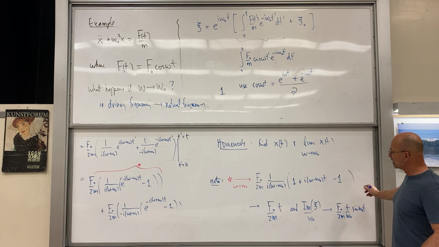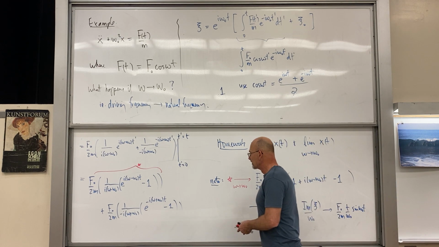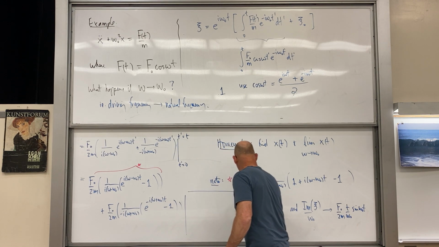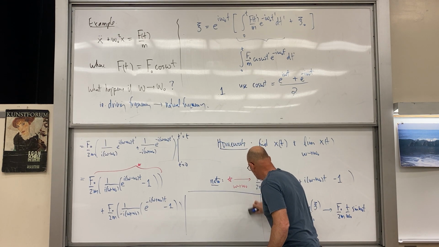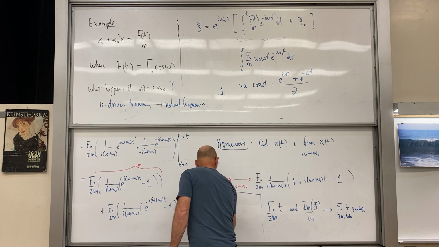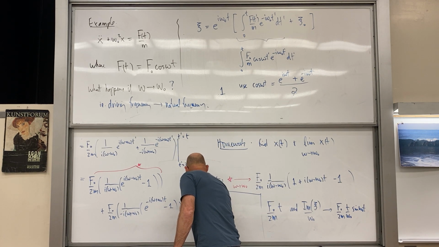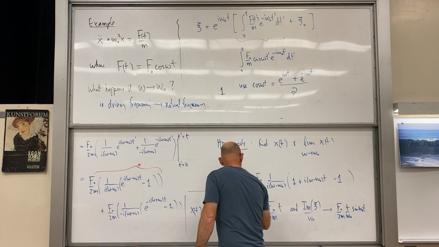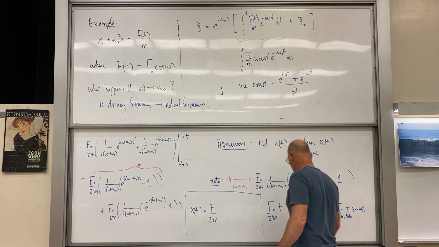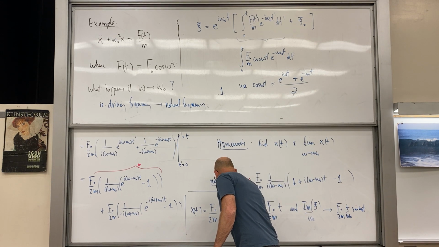And a better way to look at that, here I'll finish with this right here. We could have our x of t going to be equal to F naught over 2m omega naught squared times omega naught t.